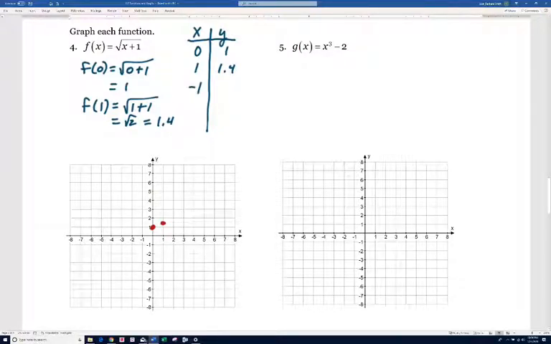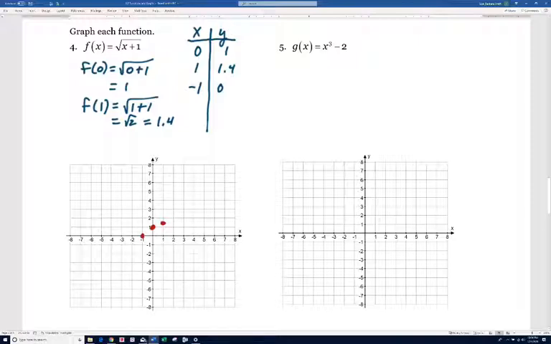And I'm going to go ahead and plug in negative 1. I want you to notice, if you take the square root of negative 1 plus 1, you're taking the square root of 0, and that's just 0. And so that would be that point there.